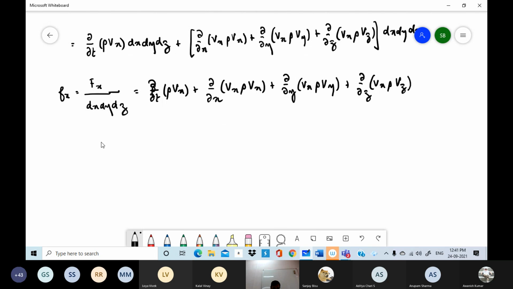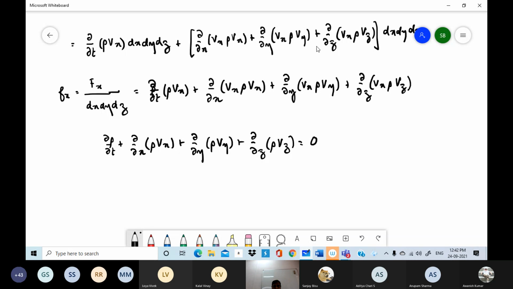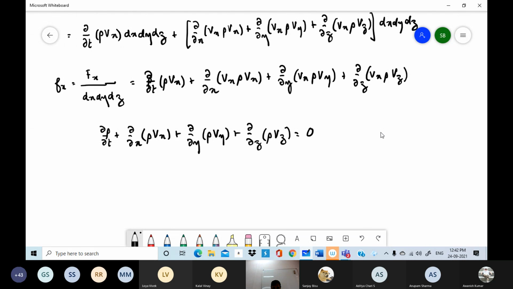Now, the continuity equation told us that, so here we could make out what it was. These three terms, which I have written out explicitly, are simply the divergence of vector rho v.